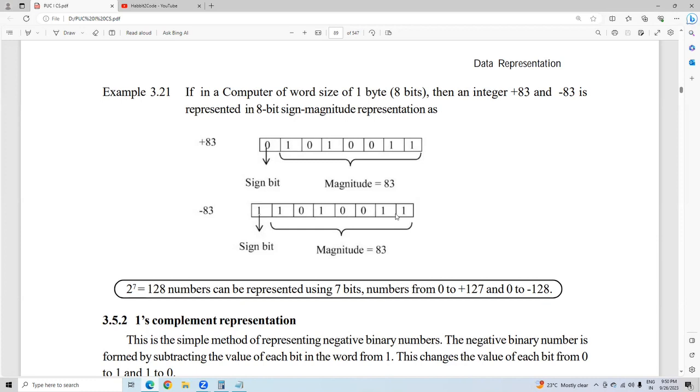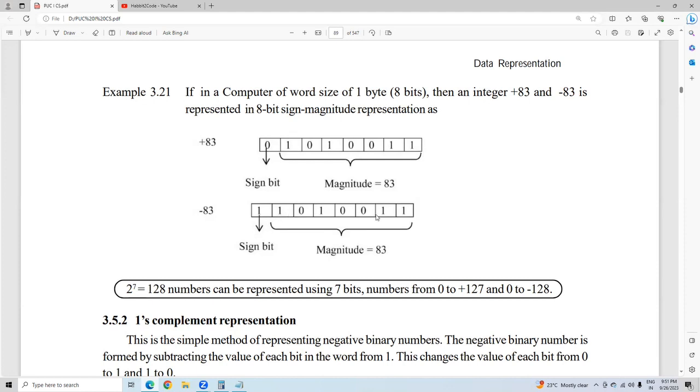1010011. This is the binary equivalent of 83. As it is a negative number, it is indicated by writing a bit 1 in the first position.